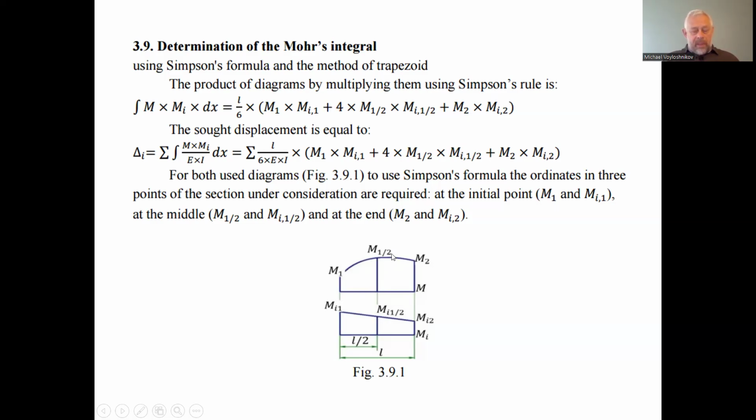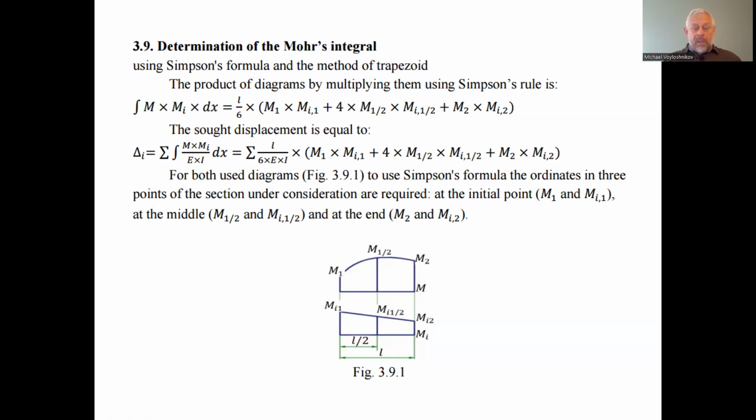If the power of the variable in the nonlinear part of the diagram is more than 2, so 3 or more, in this case we will have an approximate solution of the Mohr integral, if you compare with direct determination of the Mohr integral, having the mathematical equations of the diagrams of the bending moments.